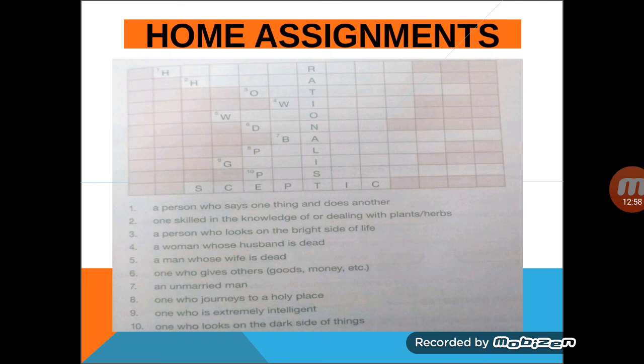P E S S I M I S T. These 2 words are from my side. Again I am going to repeat: pessimist. A person who looks on the dark side of everything. He does not have any hope, he is just a disappointed person. So pessimist is used for that person.